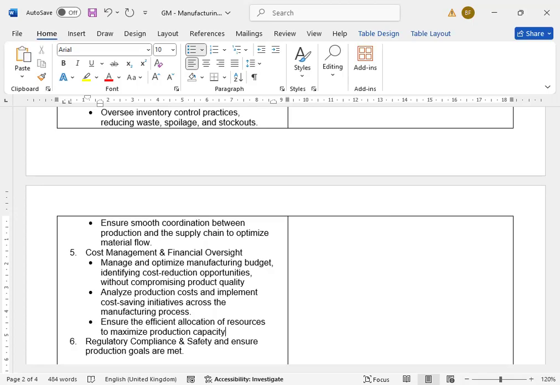So make sure that you always, as much as possible, have between 90% to 100% production utilization of the plant. If you underutilize the plant, then costs will go up, because you also have to think about the machine depreciation cost. There will be depreciation of the machine, so that's why you have to utilize.